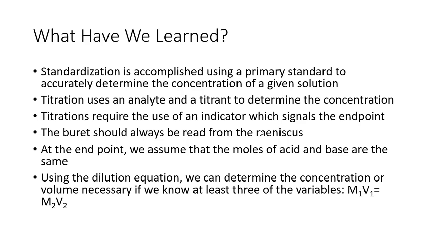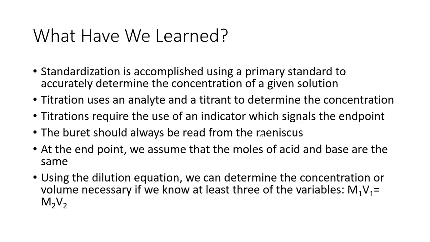So what have we learned from this? We've learned that standardization is accomplished using a primary standard to accurately determine the concentration of a given solution. We learned that titration uses an analyte and a titrant to determine the concentration of the analyte. We also learned that titrations require the use of an indicator, which signals the endpoint. Right?